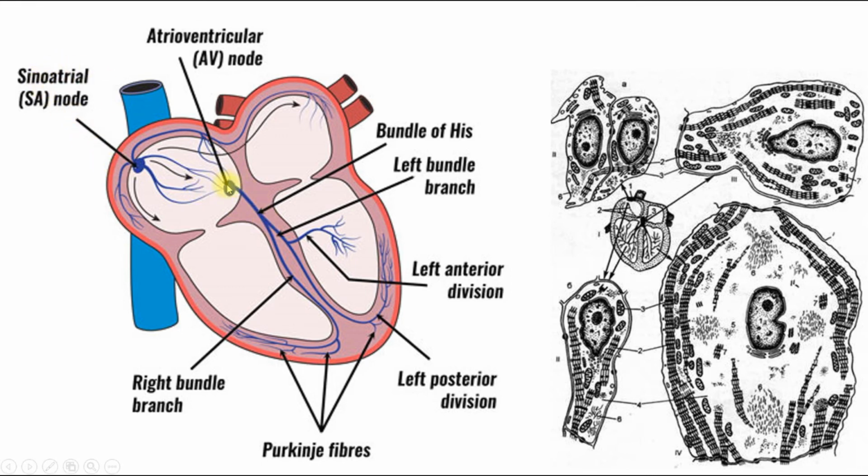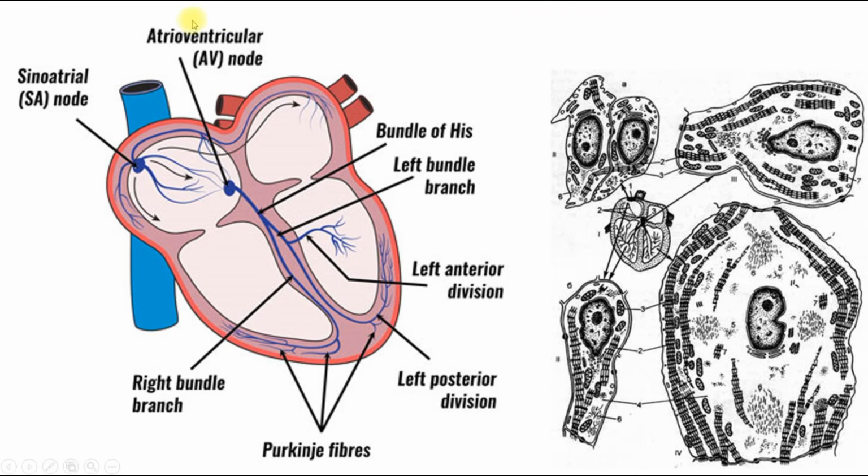But also these cells are a little bit bigger than previous. They have more myofibrils, but they also may generate nerve impulses. If they don't receive any impulses from SA node, they generate own impulses and they replace function of SA node.